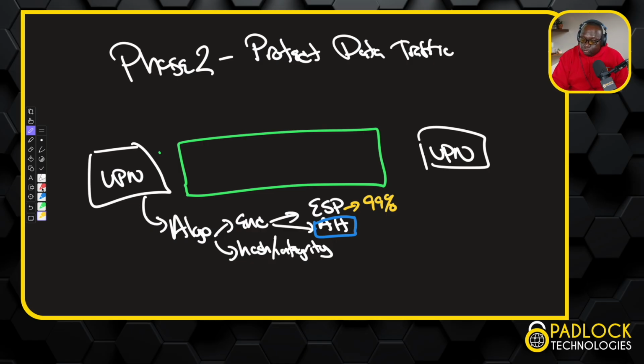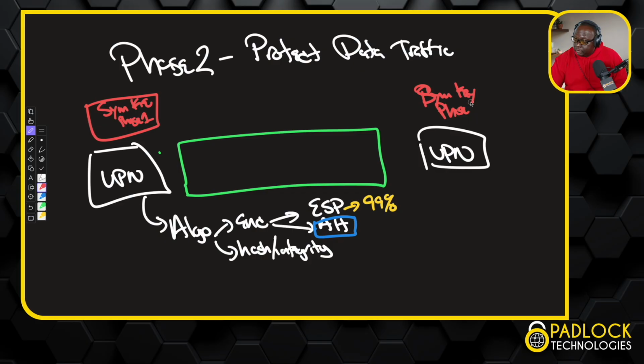Now, remember I told you about that SIM key, the symmetrical key you got from phase one, right? So here's the key that you got. And what is the point of phase one? It's to protect the communication so you can exchange this or you can get the symmetrical key. All right.